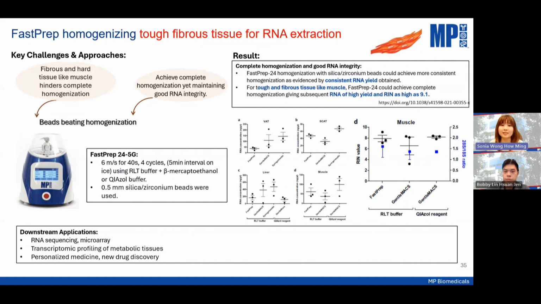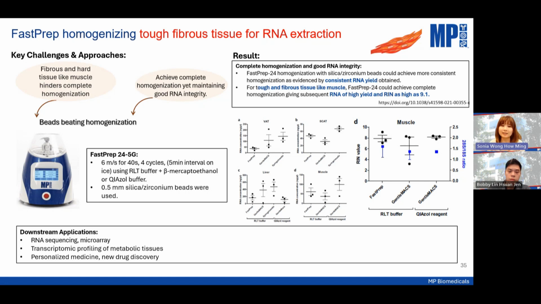In this case, the FastPrep-24 homogenization with these silica and zirconium beads was able to achieve more consistent homogenization. If I bring your attention to the left side of the graph, you can see that across different sample types, whether it's visceral adipose tissue or subcutaneous adipose tissue, SCAT, or liver and muscle, FastPrep-24 gave more consistent RNA yield.